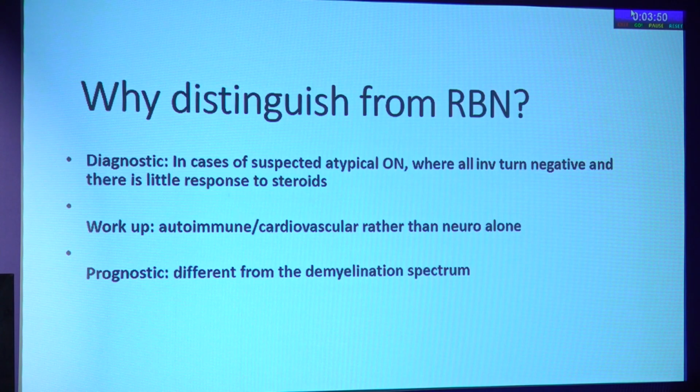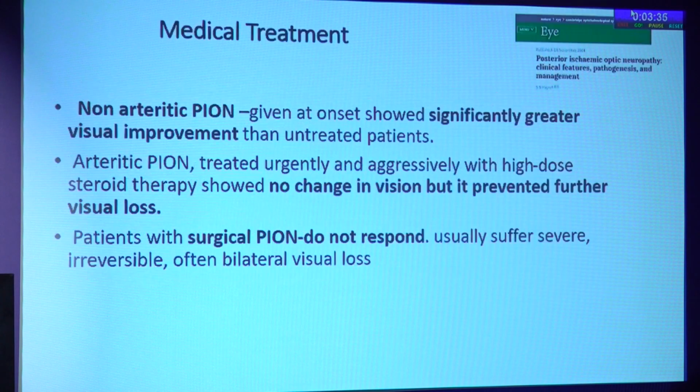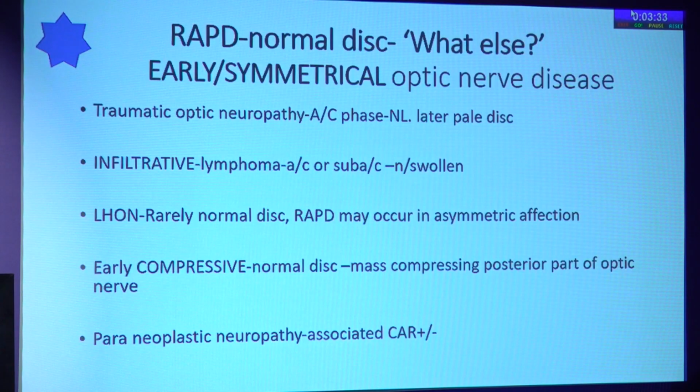In an optic neuritis, we may have an autoimmune type of battery of investigations, whereas in the other, usually a vasculitis we have to exclude, and a complete cardiology evaluation is a must. Prognosis also is very different. So this we'll skip. An RAPD and a normal disc, what else? It can be any of these in the early stages.